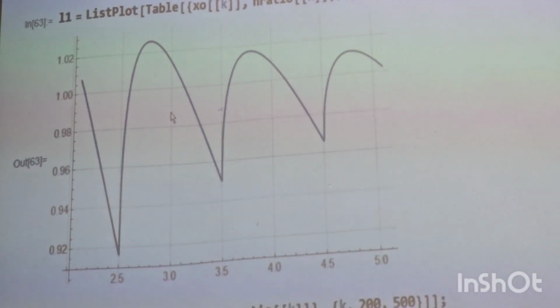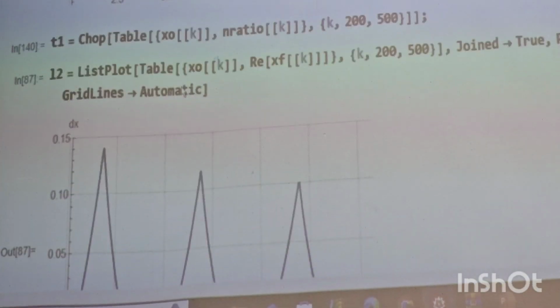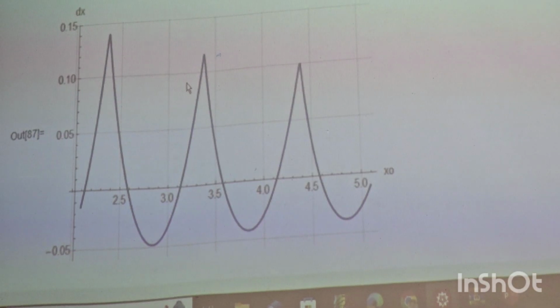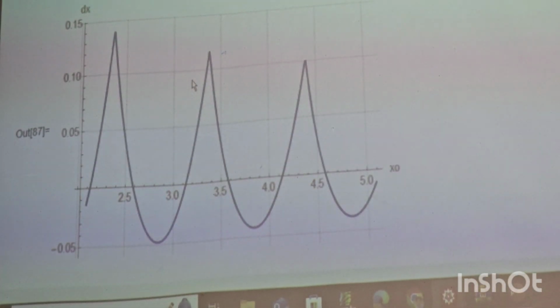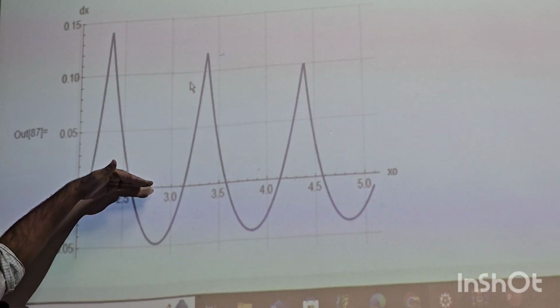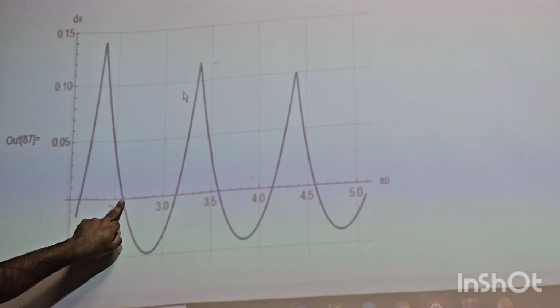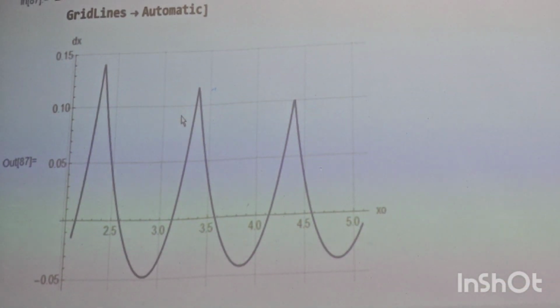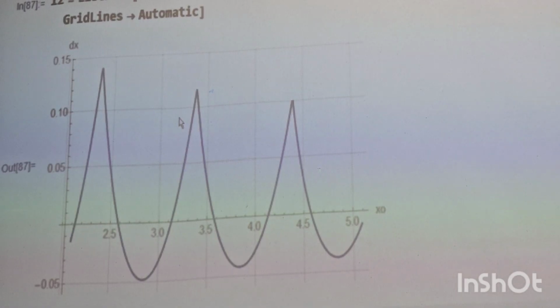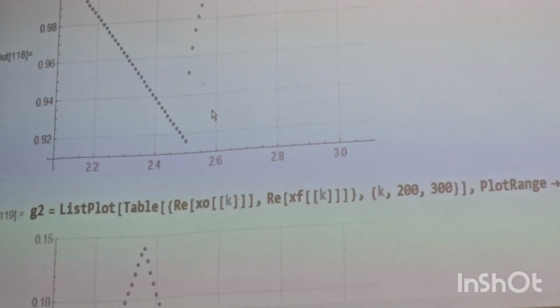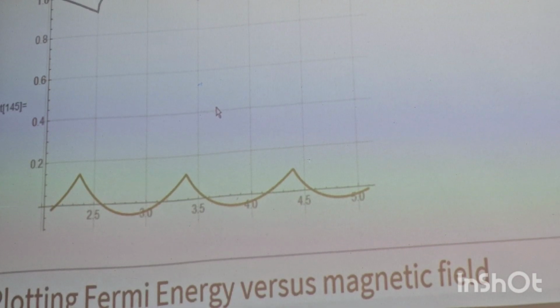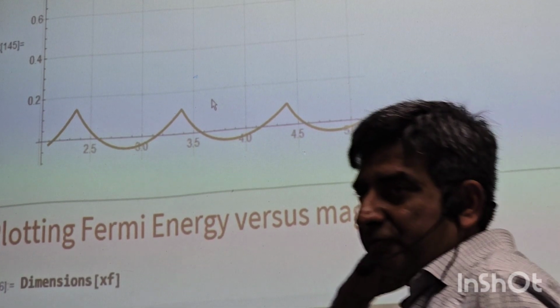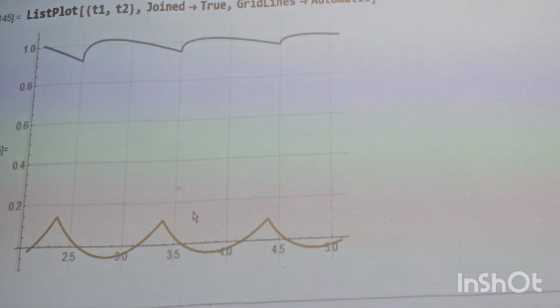That's what I've done. So there is correspondence here. Whenever the change is positive, the Fermi level crosses the one level, the number ratio crosses the one level. I plotted the two together on one graph.